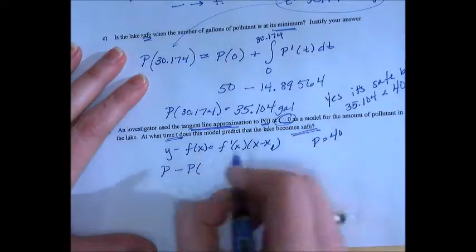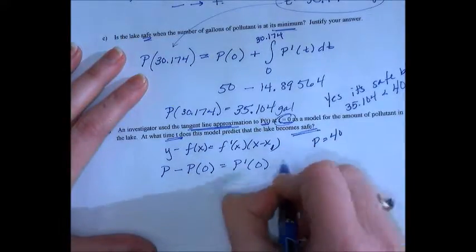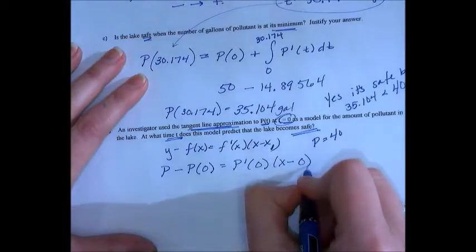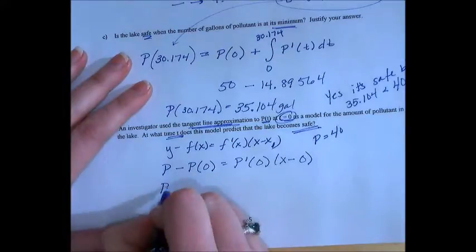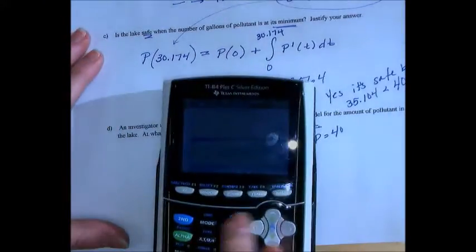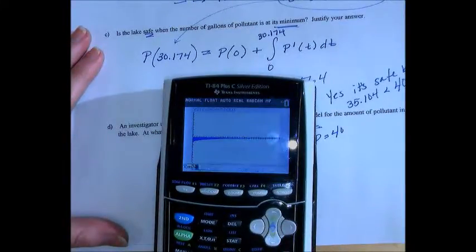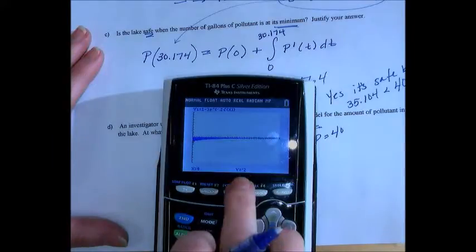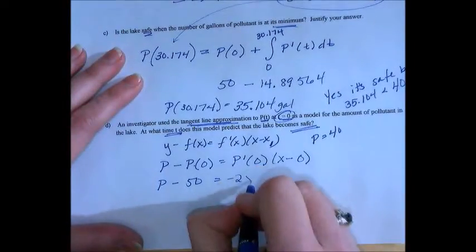They want us to look at time 0, equals P prime of 0 times x minus 0. That is the x coordinate. That's the time that we're focusing on. Starting is 50. P prime of 0. I've still got this on my calculator. Trace, 0, enter. P prime is negative 2. And then this just is x.